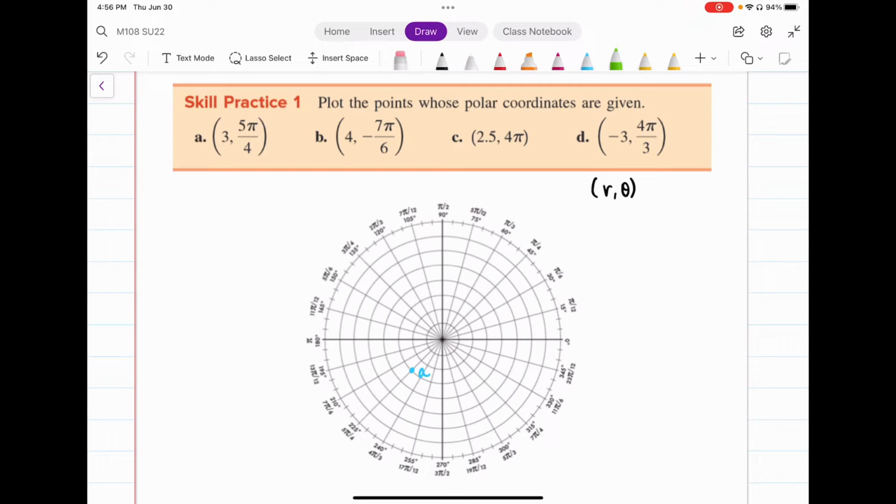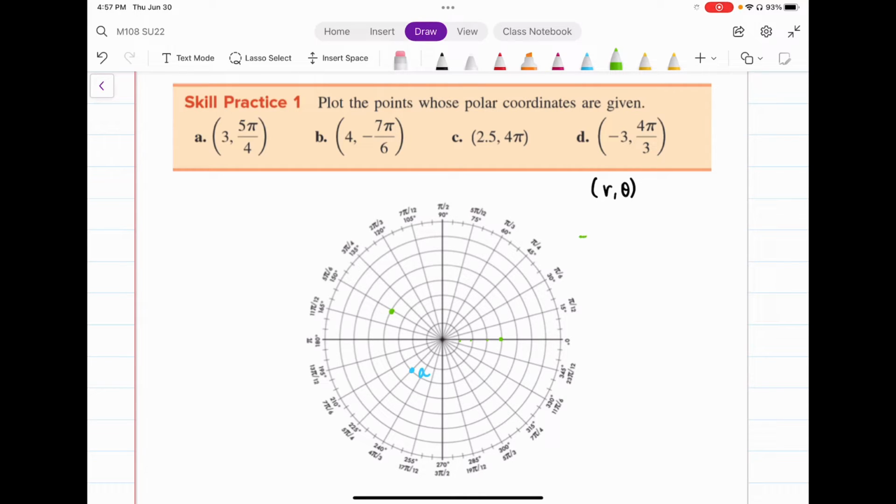Part B has an r distance of 4, so I'm going to go 4 circles out. 1, 2, 3, 4. Here's that. And then I'm going negative 7 pi over 6. So instead of going 7 pi over 6 counterclockwise, I'm going to go clockwise. So that's going to be 5 pi over 6, the equivalent, right here.